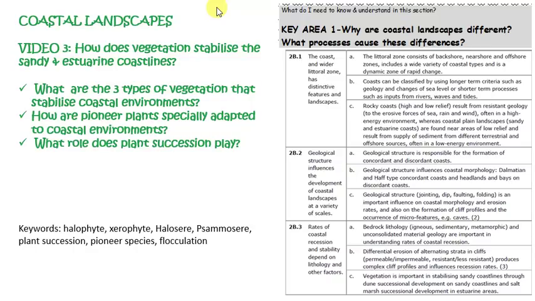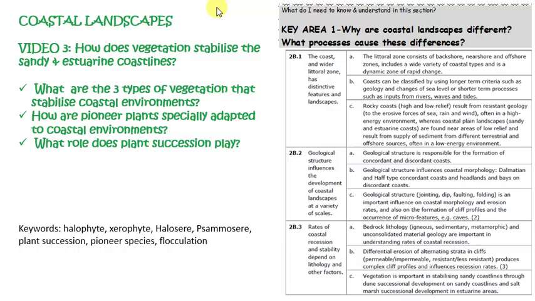So, think about what those might be. Could be erosion, for instance. It could be energy spikes from storms. So plants can protect very vulnerable depositional landforms, alright, from erosion.